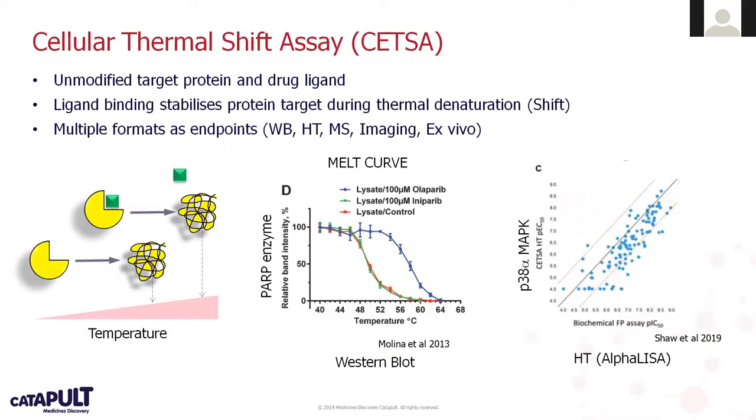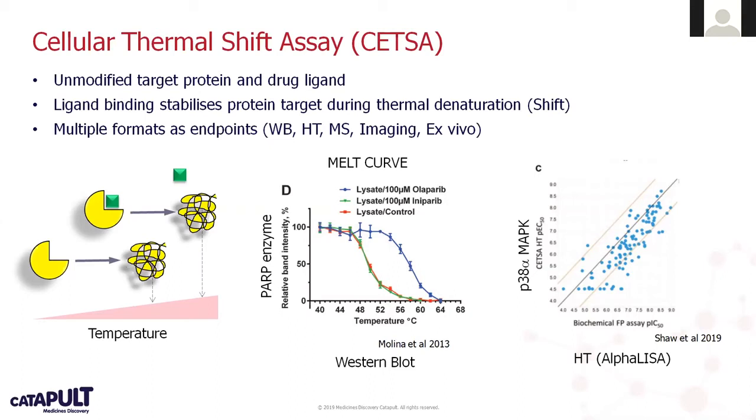The Cellular Thermal Shift Assay, which is CETSA, is a label-free approach. What it relies on is that binding of a ligand to its target stabilizes that protein structure and then shifts the temperature required to denature it to a higher temperature. That generates what's known as a melt curve, and you can see that shift in a melt curve.